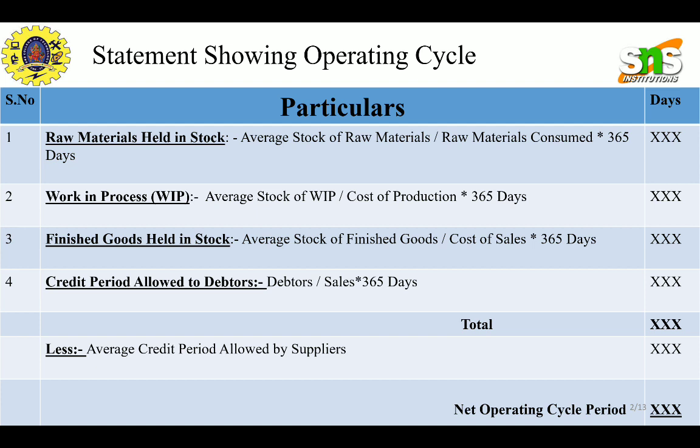After the work in progress is converted into finished goods, we find the finished goods held in stock. Finished goods held in stock is equal to average stock of finished goods divided by cost of sales into 365 days.